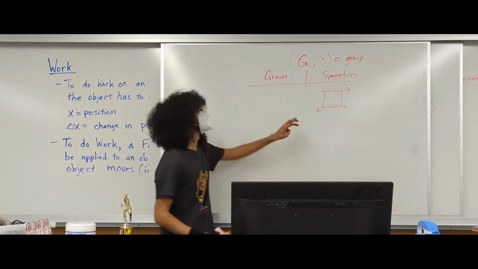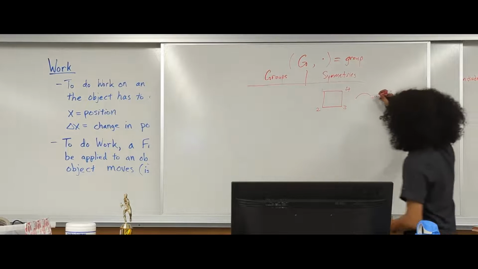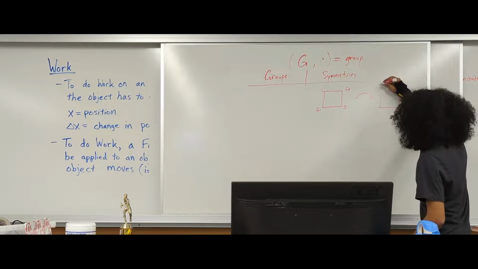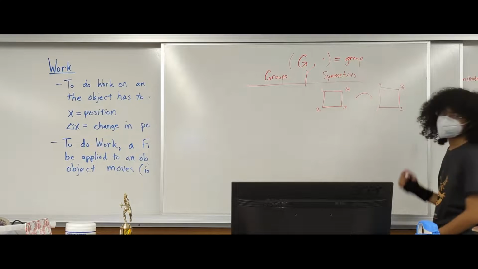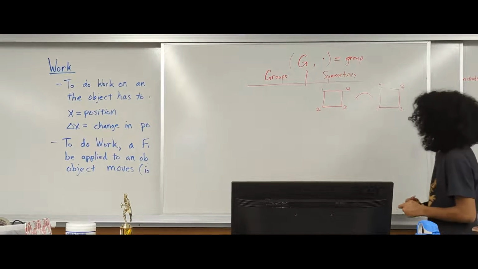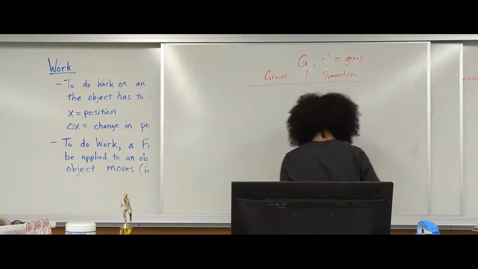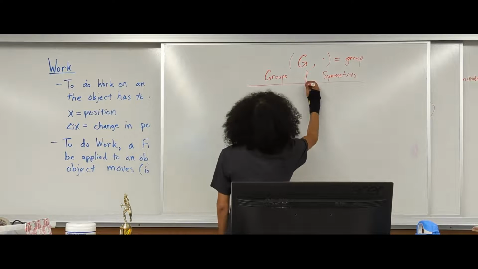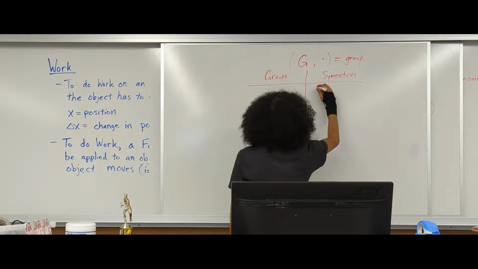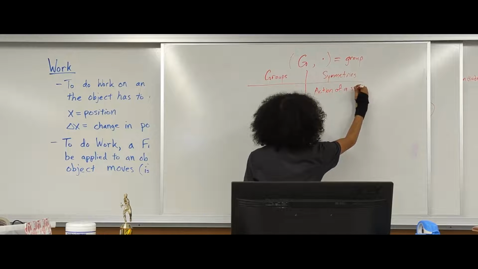And so you're acting on this set of 4 points, and then what you return is again the set of 4 points. So here we'll have the action of a symmetry on the object.